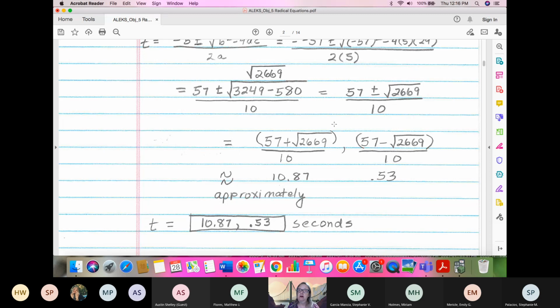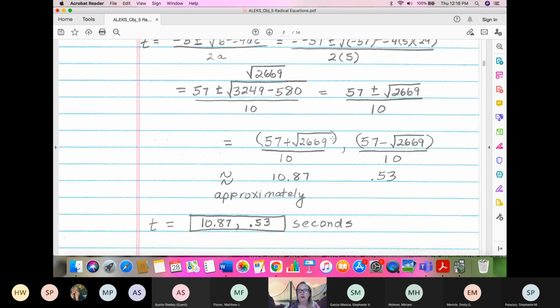I put parentheses here because anytime you've got two or more terms in the numerator or denominator, you need to put the parentheses. Otherwise, the calculator is not going to calculate it correctly. In order to tell it to add the terms in the numerator first, you need to put parentheses around them because there are two or more.